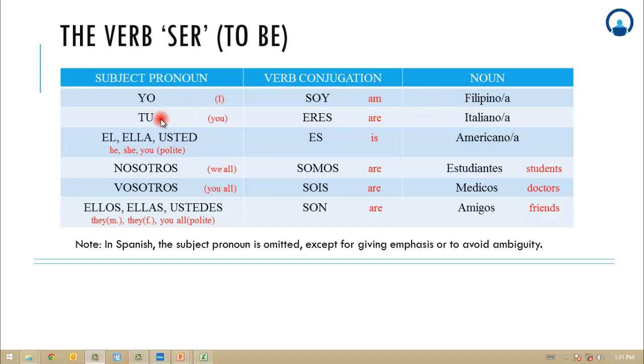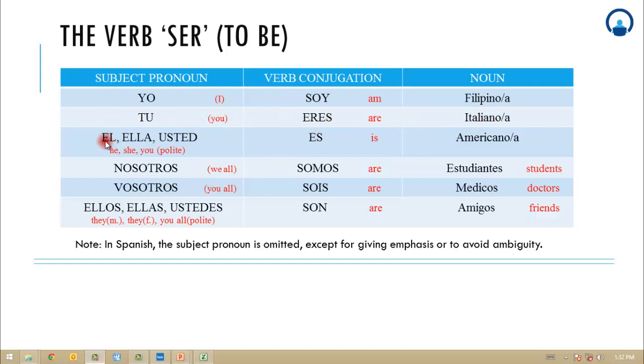Next we have tú, that means you, which has got the conjugation eres, that means are. And if we combine these three together, we get a sentence, tú eres italiano, that means you are Italian.